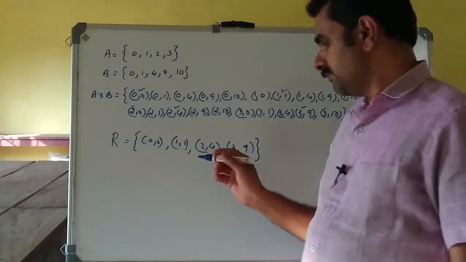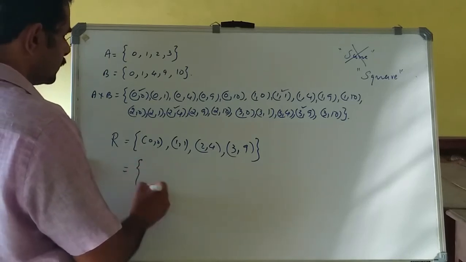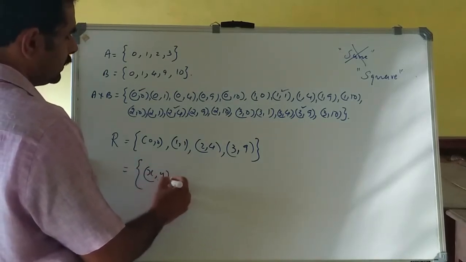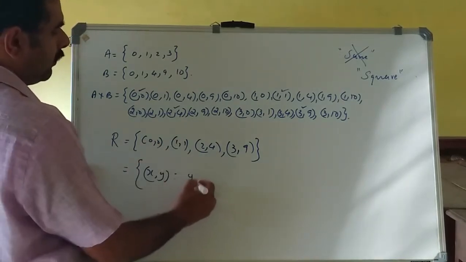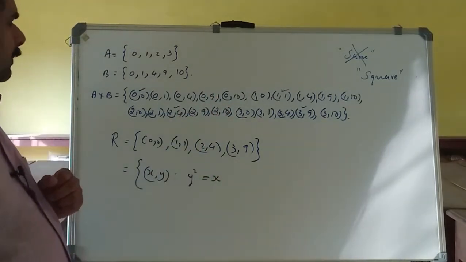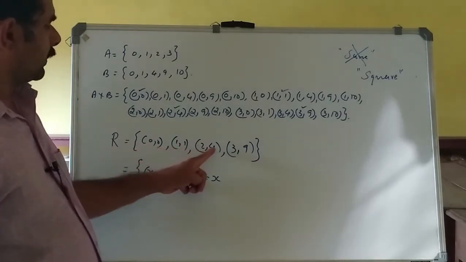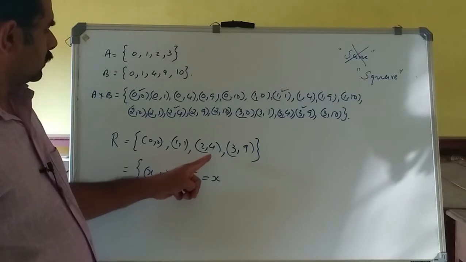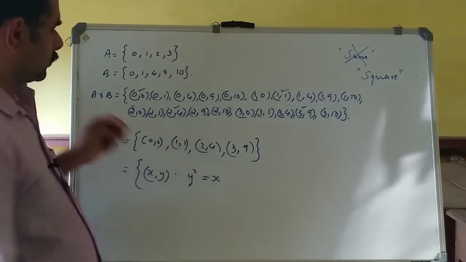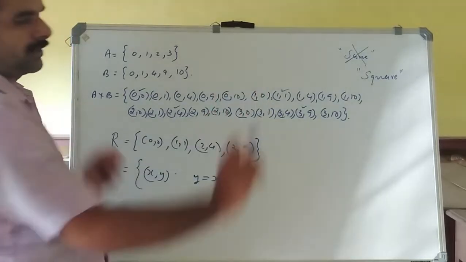So we can convert this roster form into set builder form as what? The set of (x, y) such that y equal to x square.